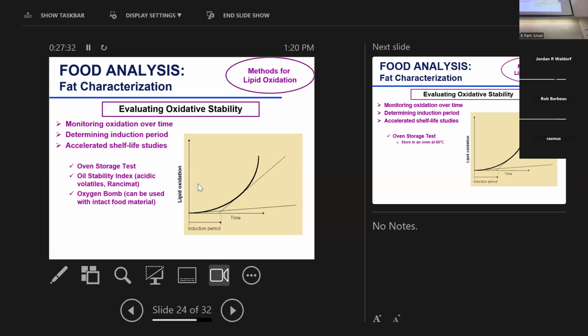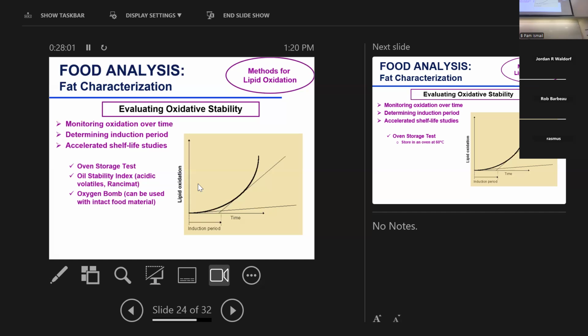You're going to increase the peroxide value, and then you reach a maximum because you run out of fatty acids that can be oxidized. You oxidize all potential double bonds. And then what's going to happen after this with the peroxide value, with more time? It's going to go down, and then you reach no more peroxide value.